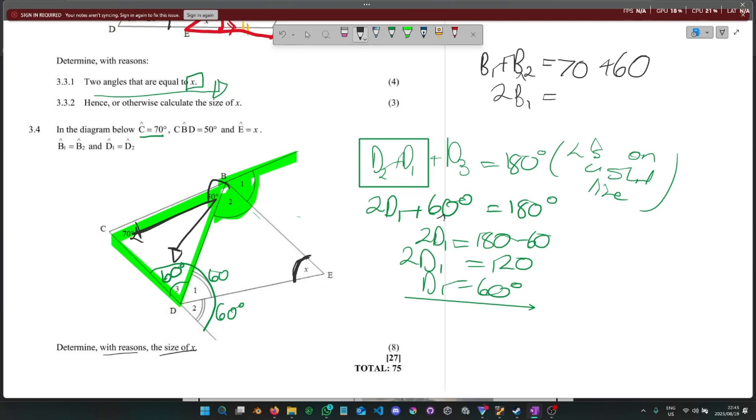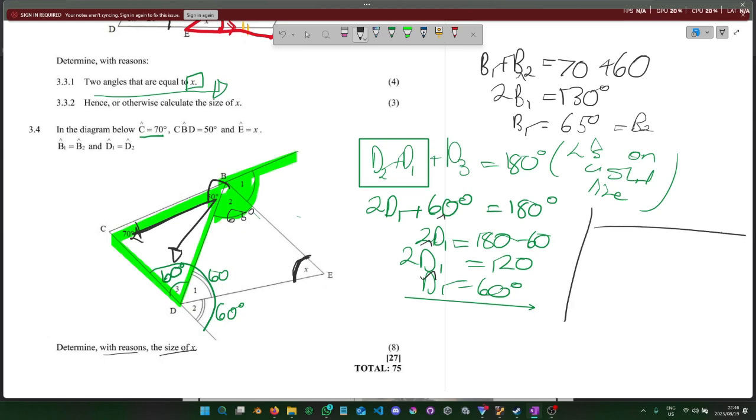Don't forget your little hats for the angles. That's going to be 70 plus 60, which is 130. b1 is equal to 65 degrees. This is going to be b1 or b2, it's the same thing, so b2 is 65 degrees.